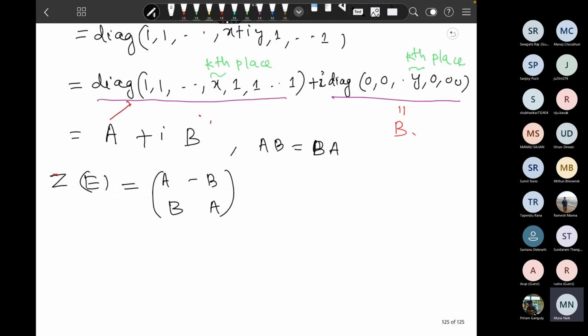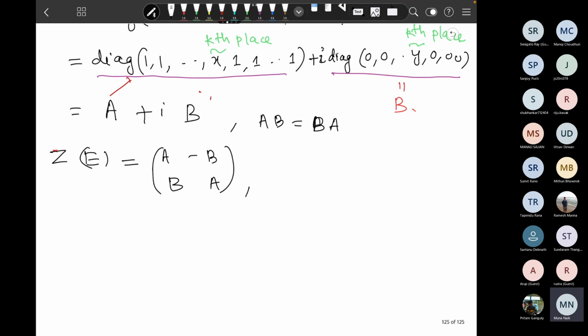Now I will use the fact that if A, B, C, D commute with each other, then by that fact the determinant of ZE will be the determinant of A square plus B square, right? By using the linear algebra fact.